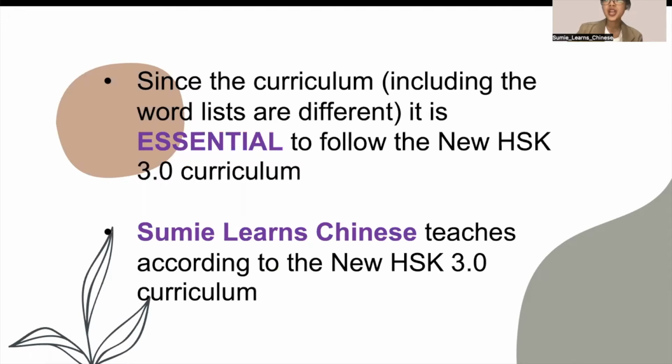You have to learn the new vocabulary under the new curriculum. That's why it is essential to follow the new HSK curriculum, and Sumie Learns Chinese teaches according to the new HSK 3.0 curriculum.